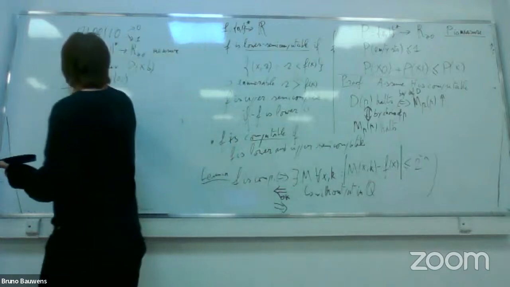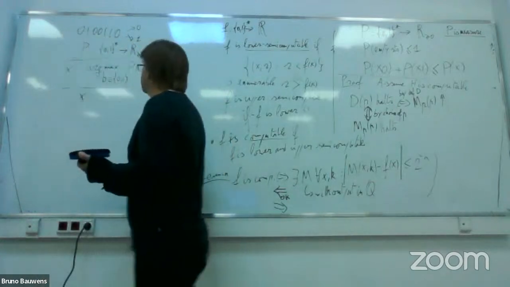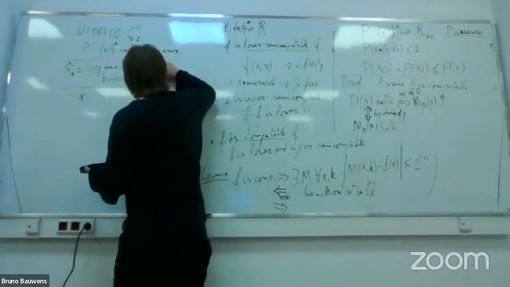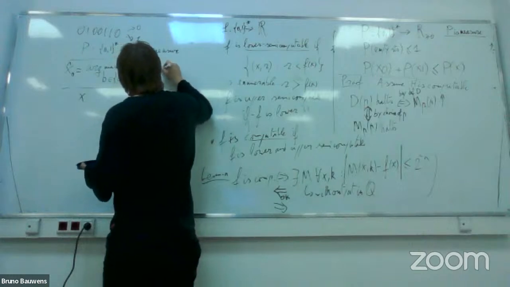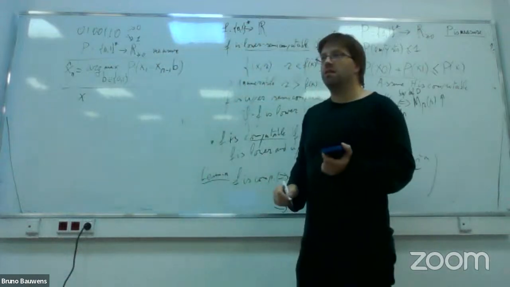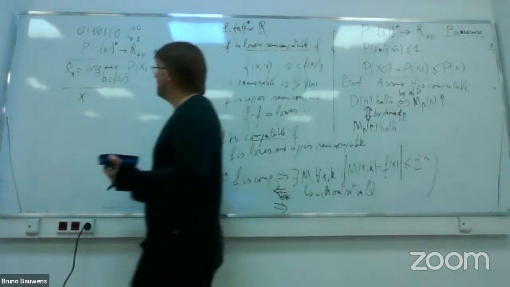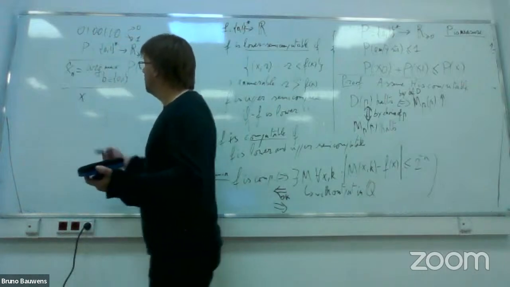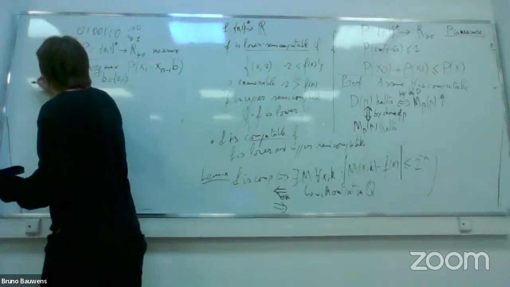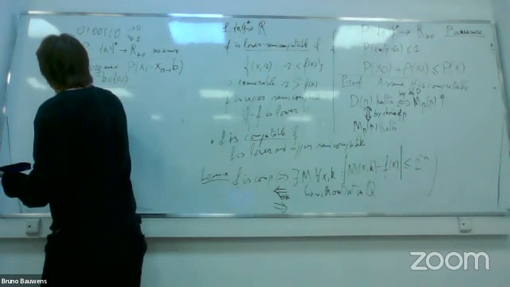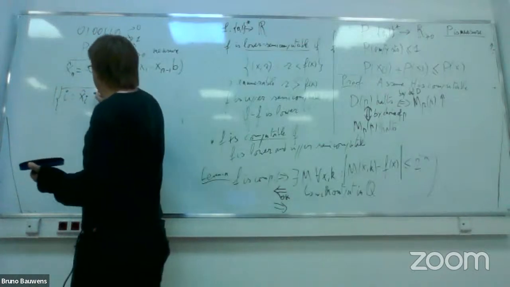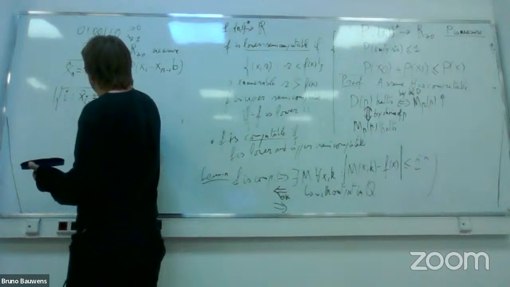Let me write it like this. Our estimate is the argmax over b of P(x_1 ... x_{n-1} b). Now we want to know how many times we are wrong: the cardinality of the set of indices i for which the predicted bit differs from x_i.